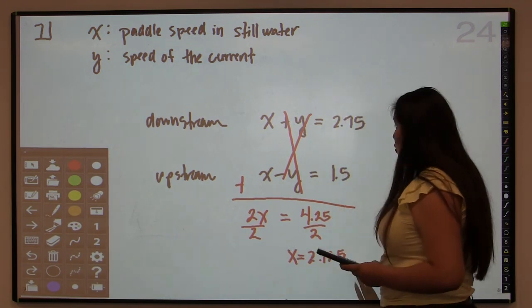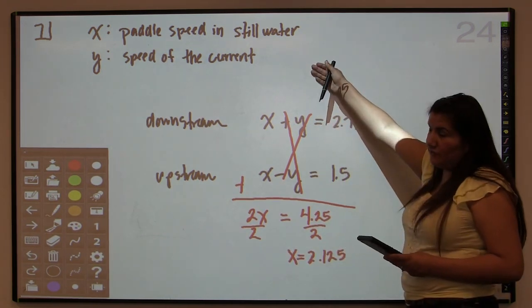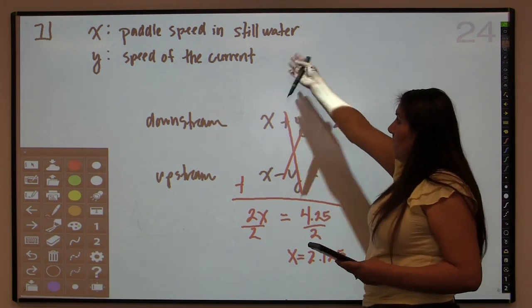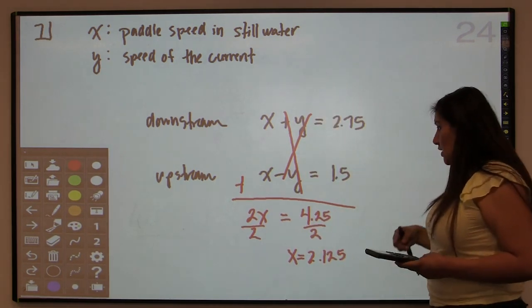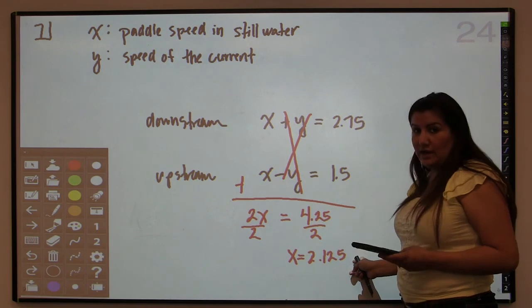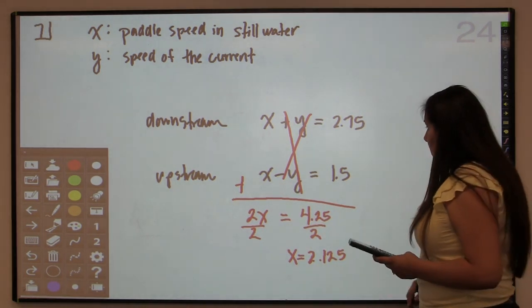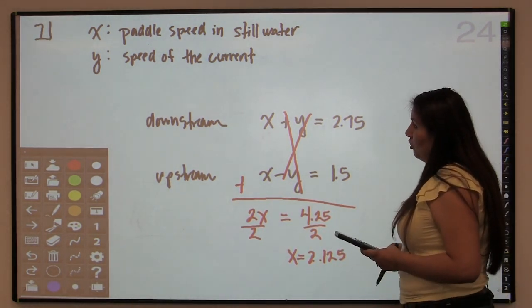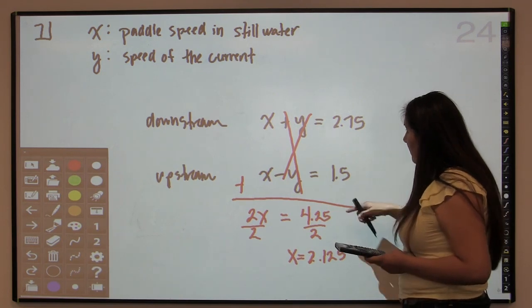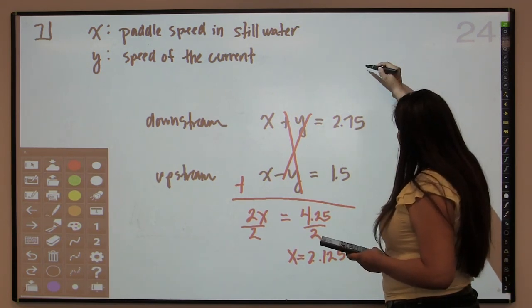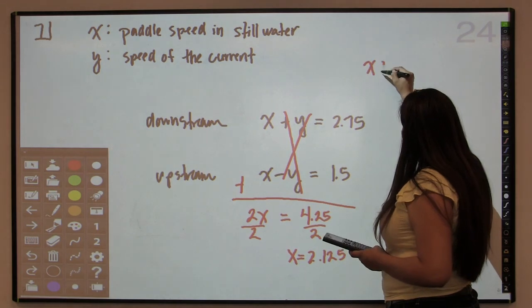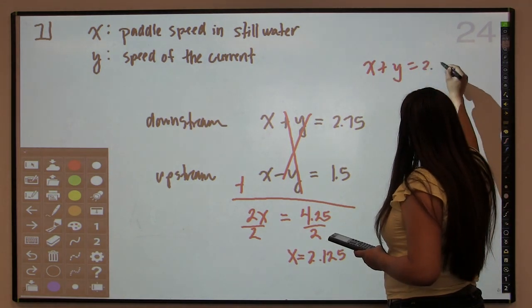So basically, you go back to your definition of your variables, and x is your paddle speed in still water. So basically, the little family is paddling at 2.125 miles per hour. And then you can find out what the speed of the current is, because that's y, and you can plug it into either one of these equations. So I'm going to say that x plus y equals 2.75.